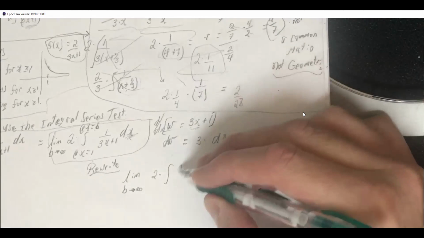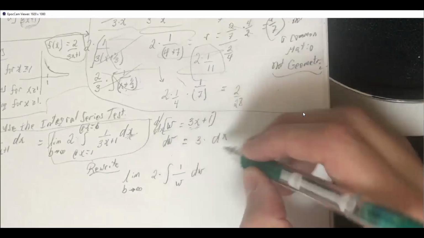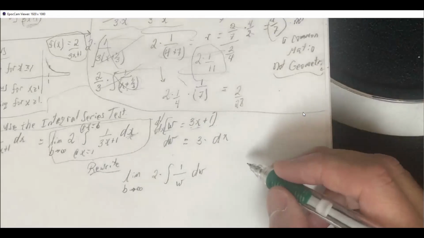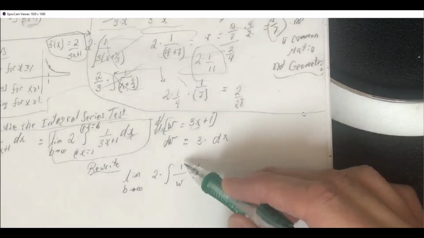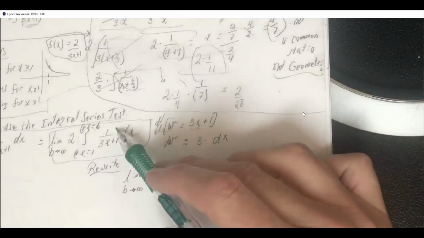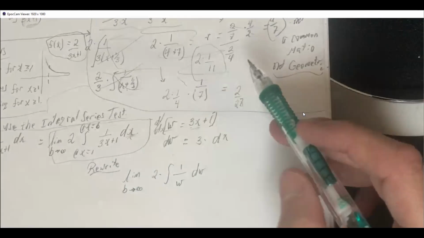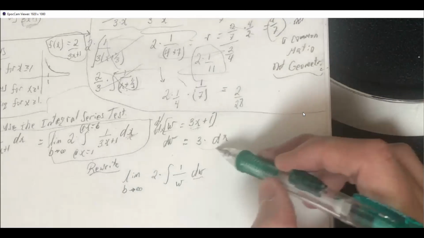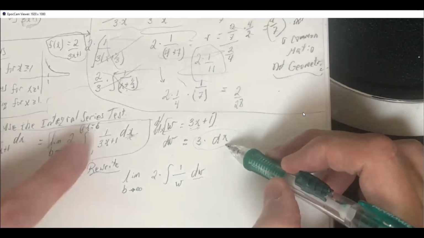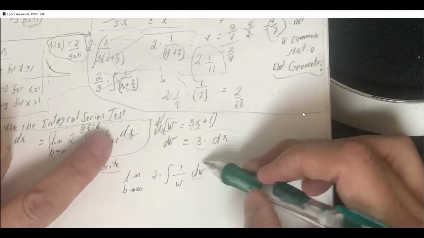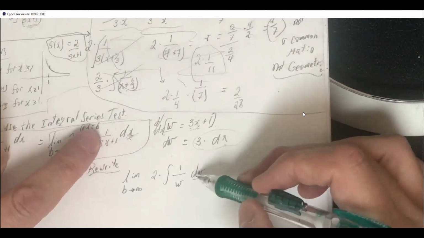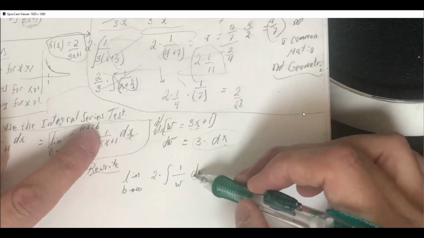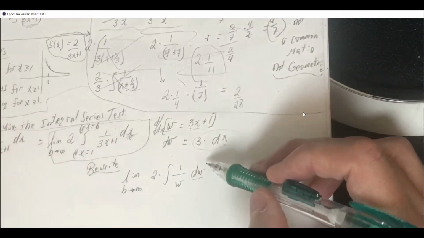And so here we have 1 over w. And now we check. 1 over w takes care of the 1 over 3x plus 1. The dw takes care of the dx. And then there's an extra multiplied 3 in this dw statement, or underneath the dw statement, however you want to look at it.